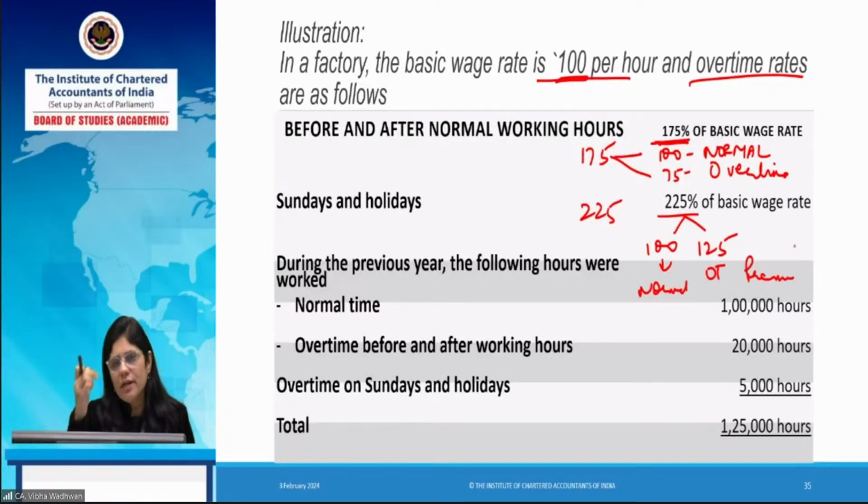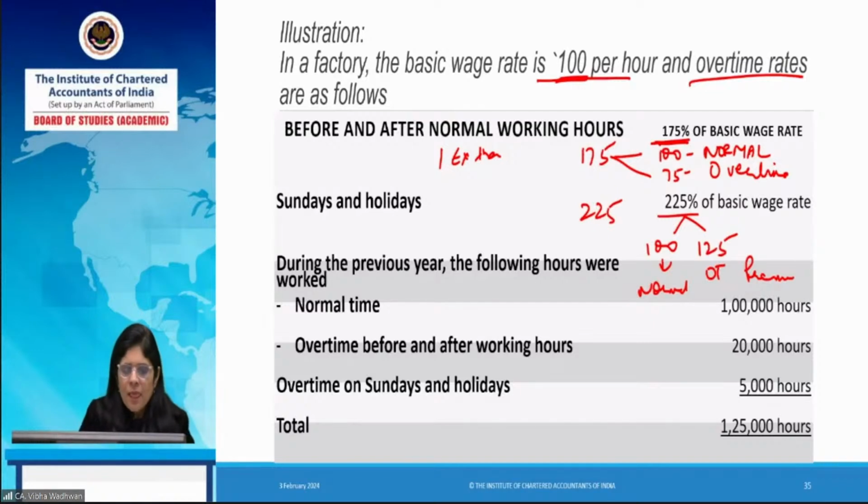That means over and above. Clear? So let us say if they have worked for 1 extra hour, they will get 175 for that 1 extra hour. But out of 175, 100 is at the normal and 75 is the overtime. So 100 हमेशा normal basic wage rate तो आपको every hour का मिलेगा ही मिलेगा. But over and above 100, whatever you are getting extra is overtime premium.